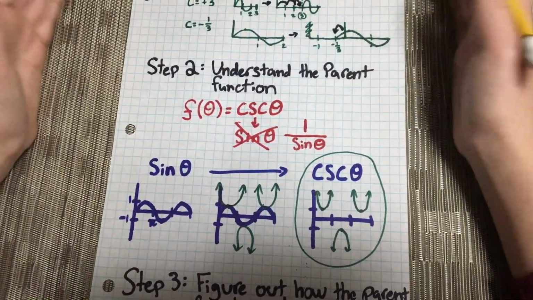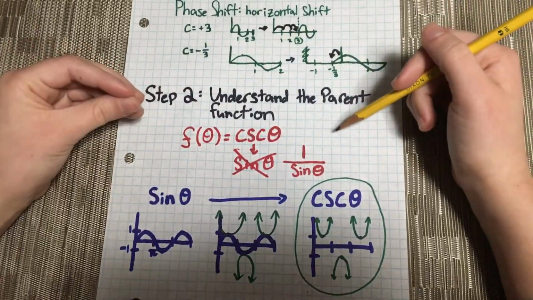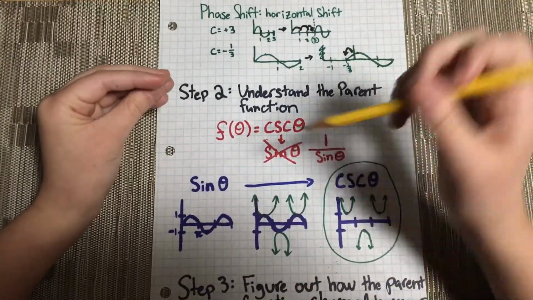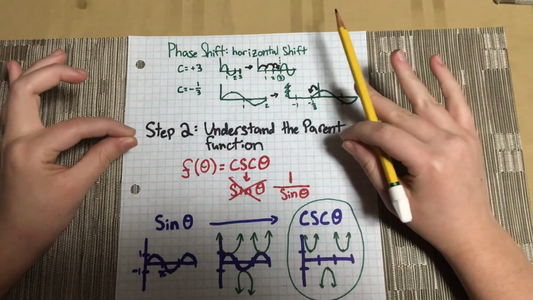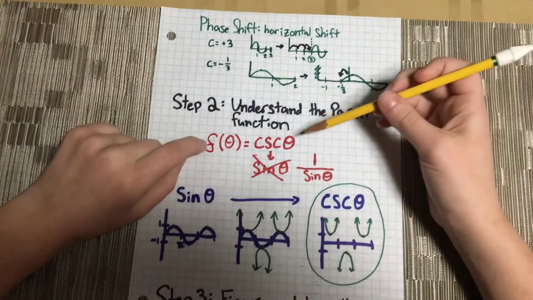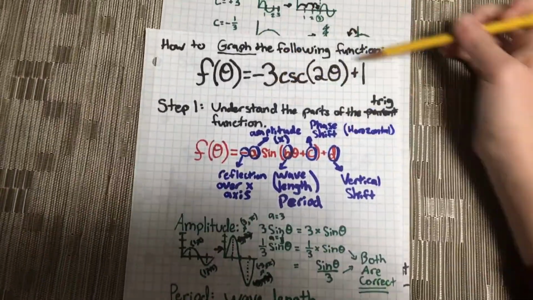So now that we understand how to graph a trigonometric function and what makes it up, in order that we may graph it, we need to understand the parent function of the cosecant function. This is the parent function of this function.